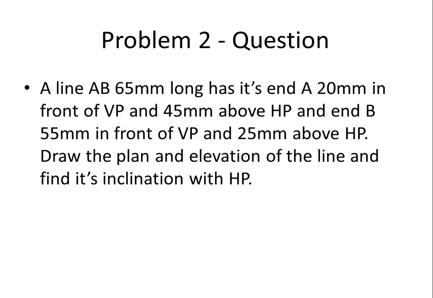If you know that the front view is above XY line and the top view is below XY line, naturally it means it is the first quadrant. But if it is the reverse, that is the front view is below XY and the top view is above XY, it is quite clear that it is going to be the third quadrant. So these are some things which you have to keep in mind while solving problems. These are some hints which could help you to immediately visualize how the line is lying in 3D space.